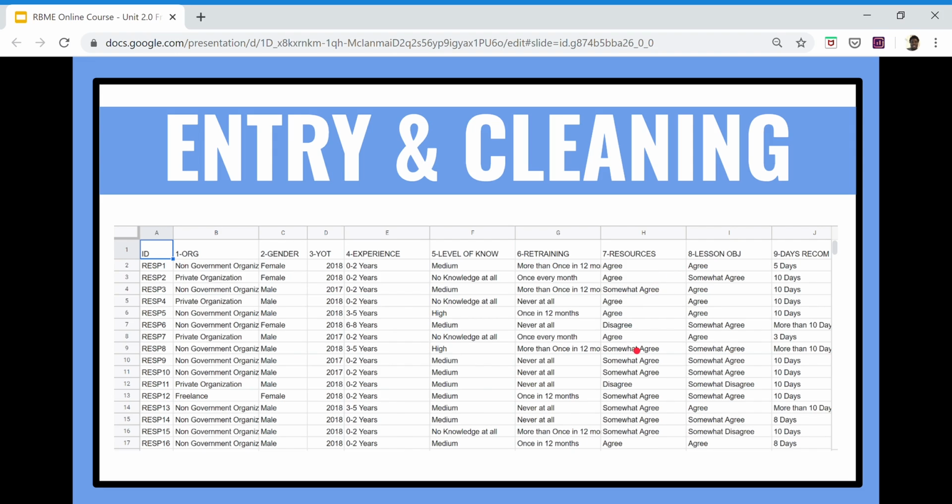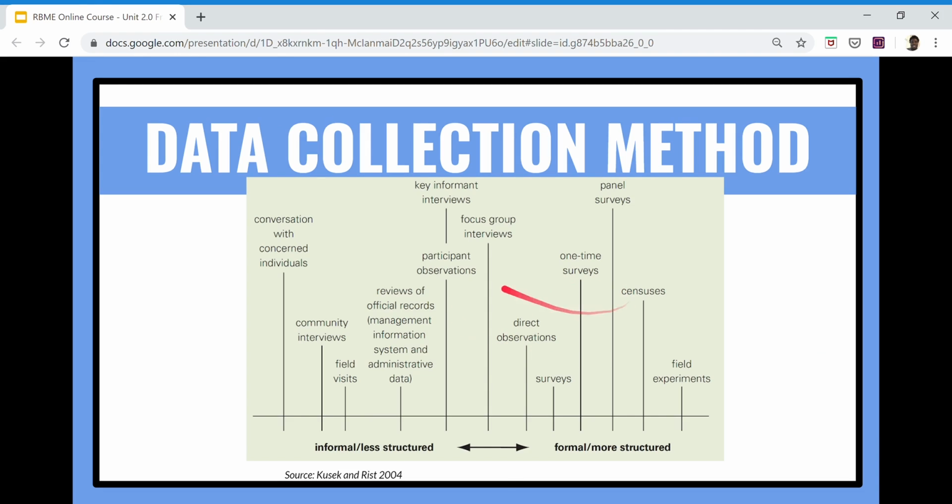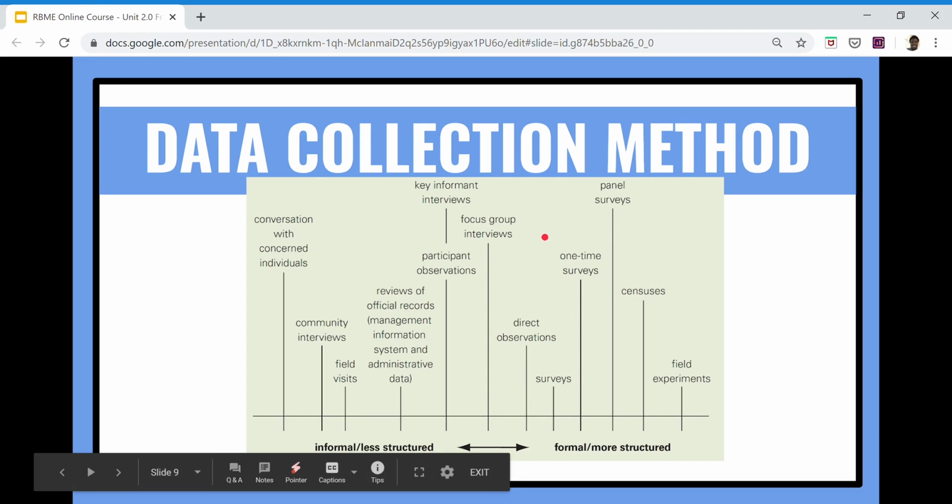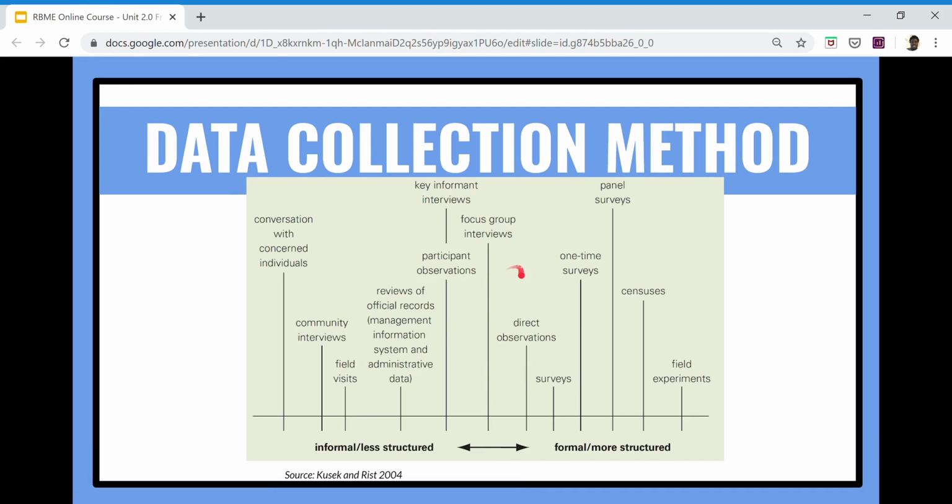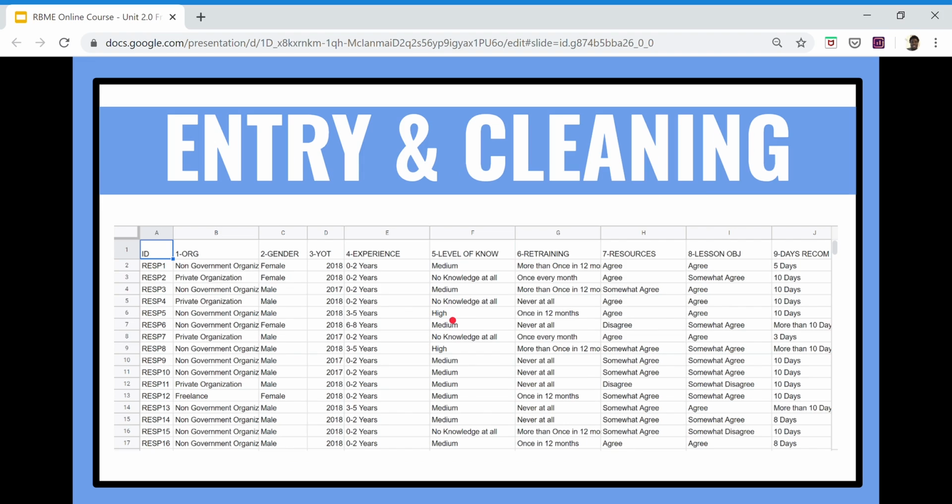Test your instrument. I've actually found this very useful. Immediately after I design any of these instruments, either a survey, an interview question, or an observation checklist, what I do is get two or three colleagues to either conduct the interview with, or administer the questionnaire with. I get the results, enter them in my database, then see how my analysis is going to look.